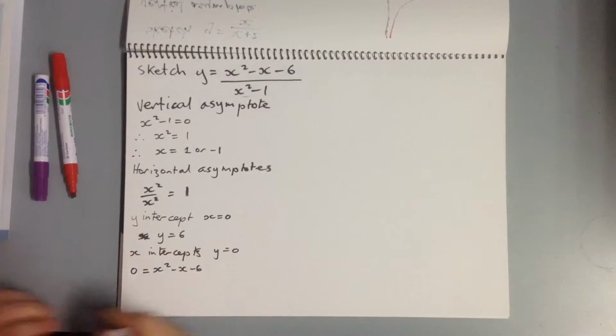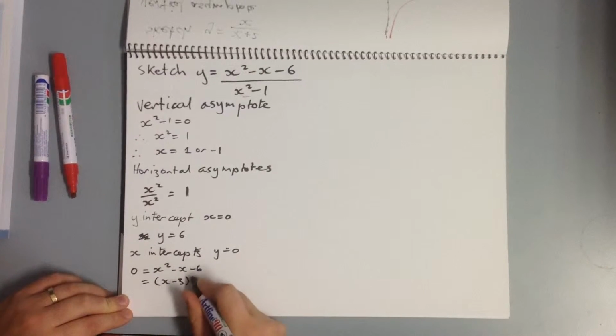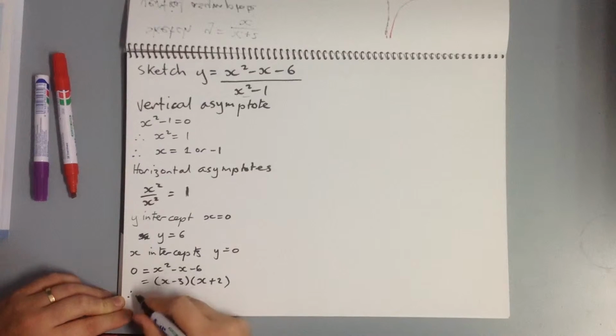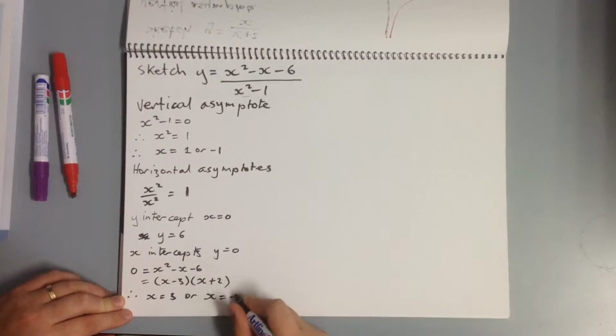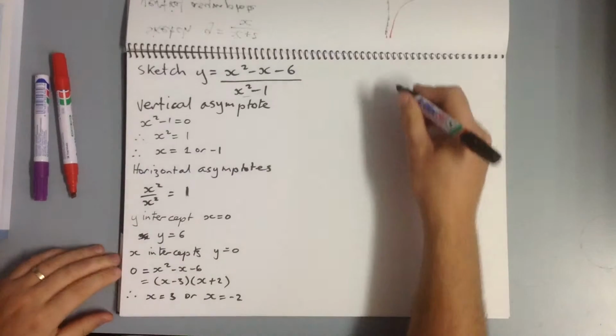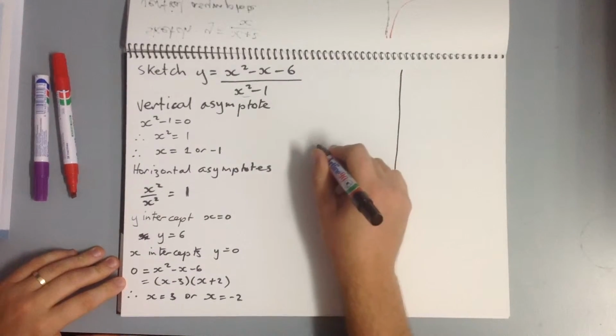And by factorising that, we get (x take 3)(x plus 2). Therefore, our x-intercepts are when x equals 3 or x equals -2 via the null factor law. So we've got everything we need to be able to start putting this example together.